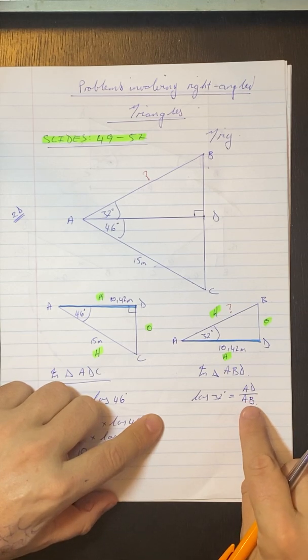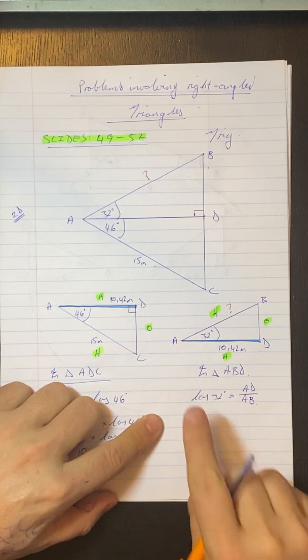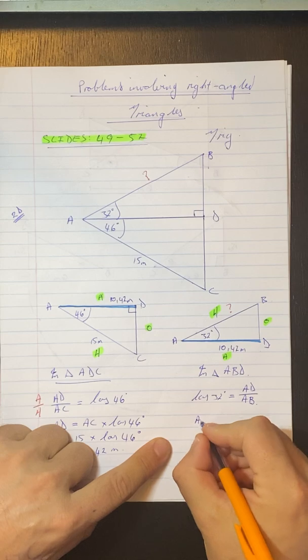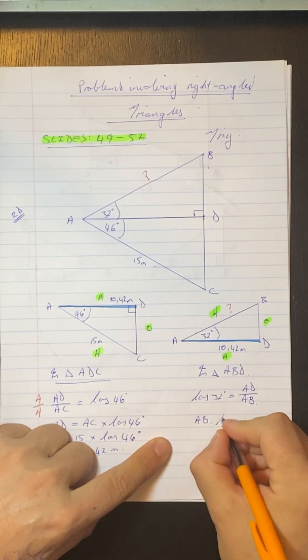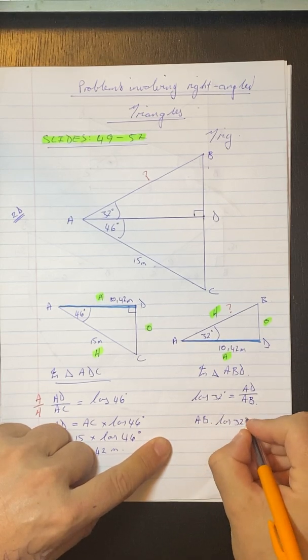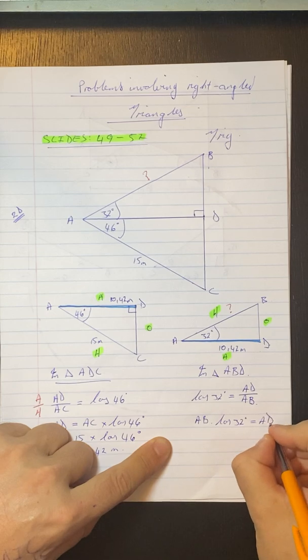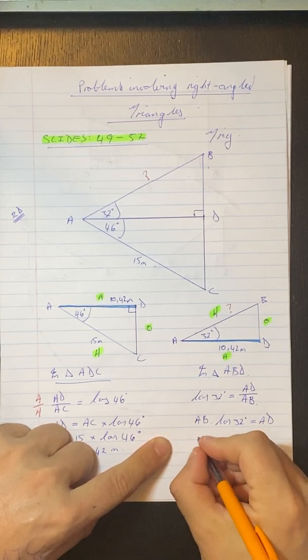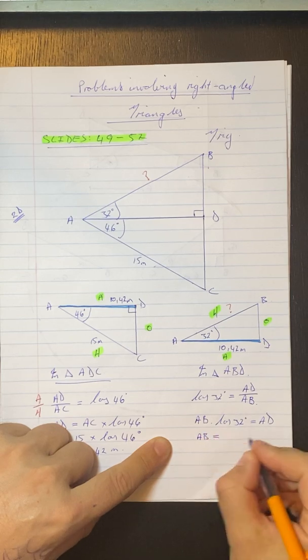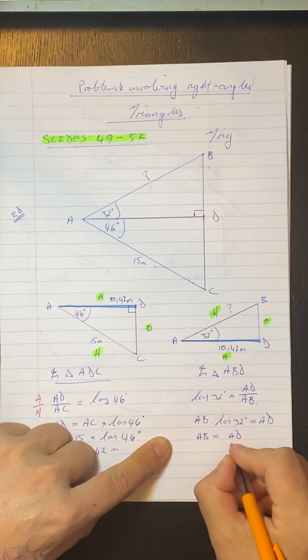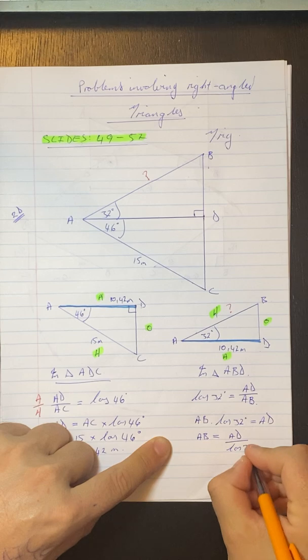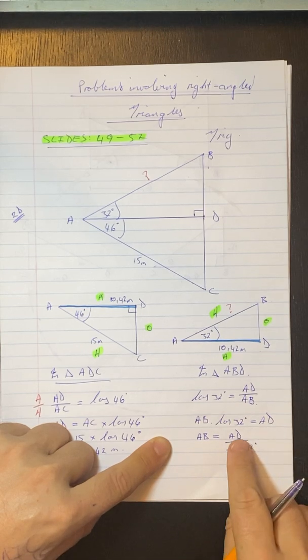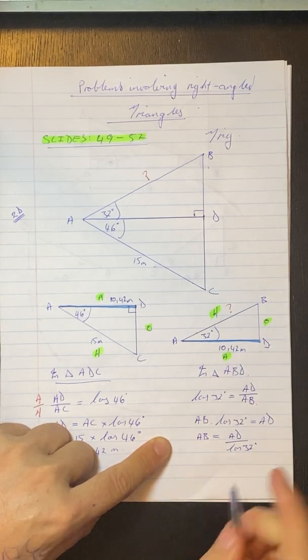We want to get this AB on its own, so I'm going to multiply up by AB. AB times cos 32 equals AD. Now I'm going to divide by the cos 32 to get the AB on its own. So we get AB is equal to AD over cos 32. I know what AD is, it's 10.42.